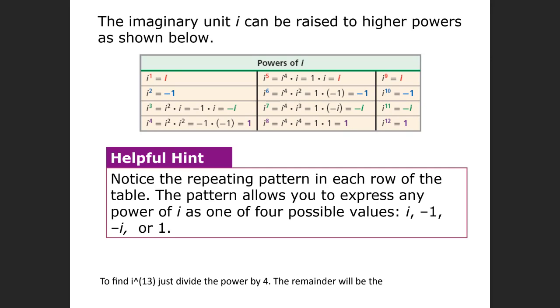It just goes i, negative 1, negative i, 1, i, negative 1, negative i, 1. It's a pattern. Every 4, it's going to change. And the reason, I'll try to explain it as best as I can.